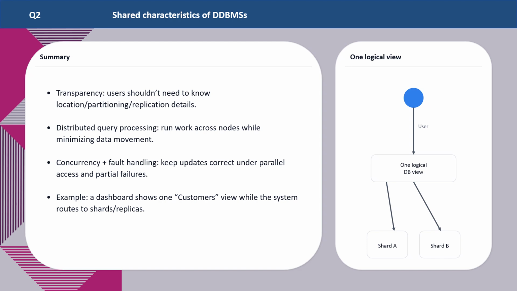So a simple example is a support dashboard from my screen on the right, one logical view. We can see one customer view, but behind the scenes, the system routes to the right shards or replicas, processes in parallel, and merges results into one response.